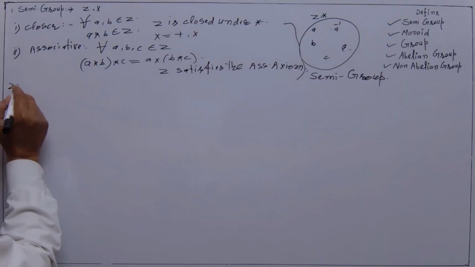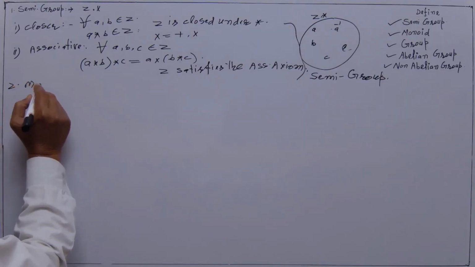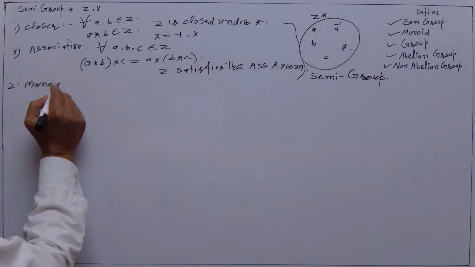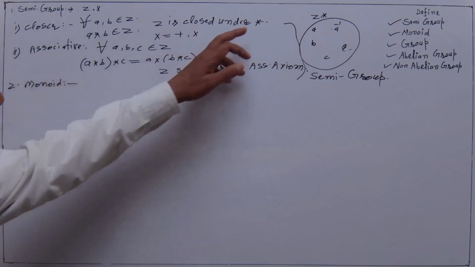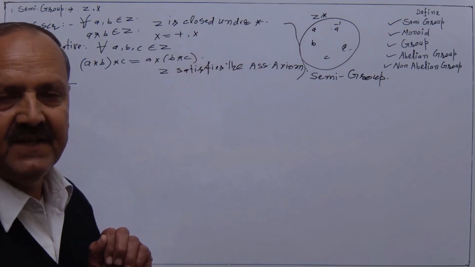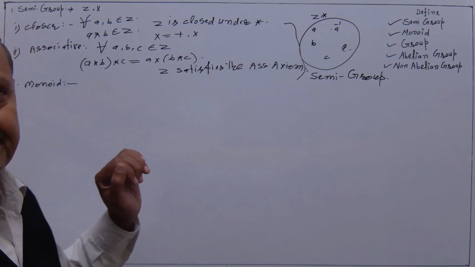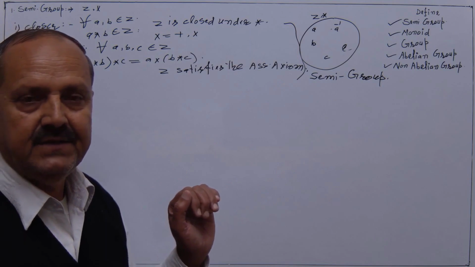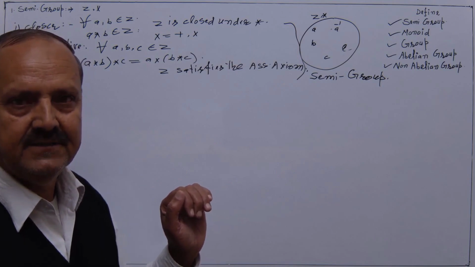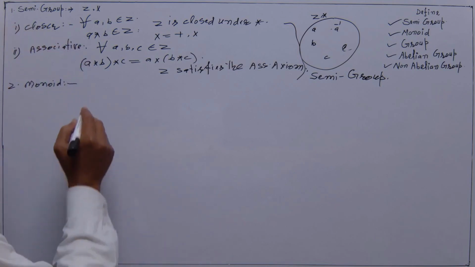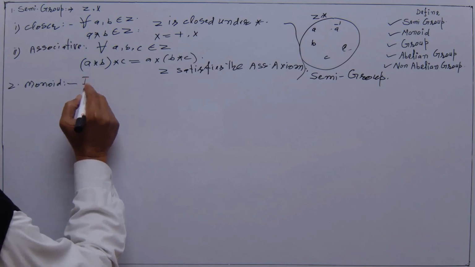Then second is monoid. In addition to these two axioms, if one more axiom is satisfied, then it is called a monoid. The third axiom is the identity axiom.